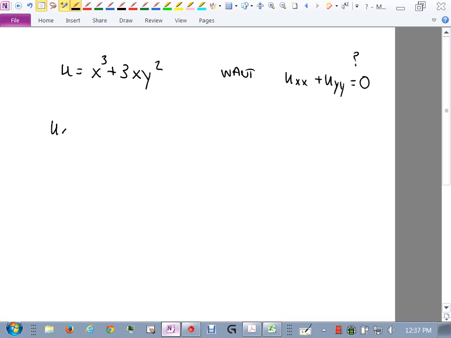So what's u_x? 3x squared plus 3y squared. What's u_xx? 6x, and that's it, right? Everyone agree? Derivative of this with respect to x is this. Derivative of that with respect to x is this.